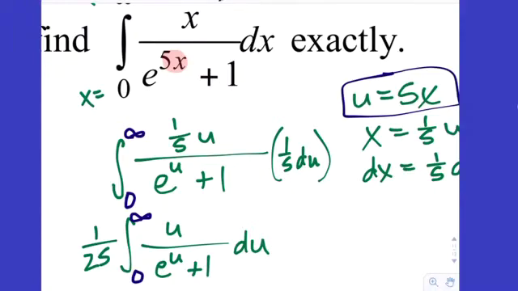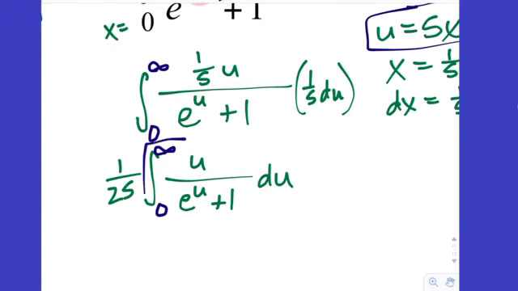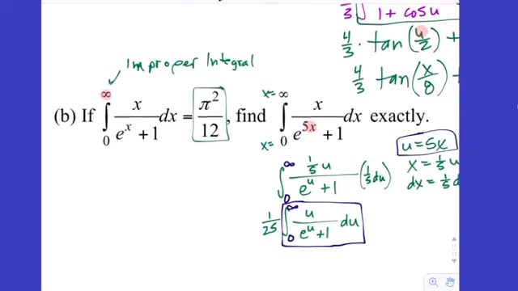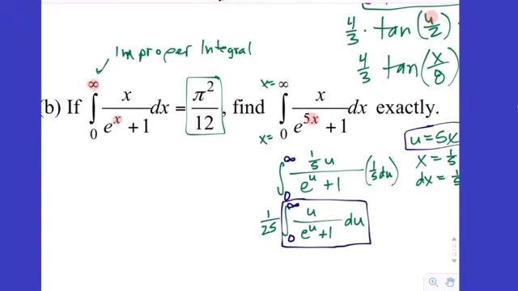So in this case, the intervals of integration stayed the same, but that is not always the case. They could change. Now, once I've done that, because it's a definite integral, and I've changed the intervals of integration to u values, as long as it matches the original form, I can just substitute what it is. So the integral from 0 to infinity of u over e to the u plus 1 du is now the same form as the integral from 0 to infinity of x over e to the x plus 1 dx.